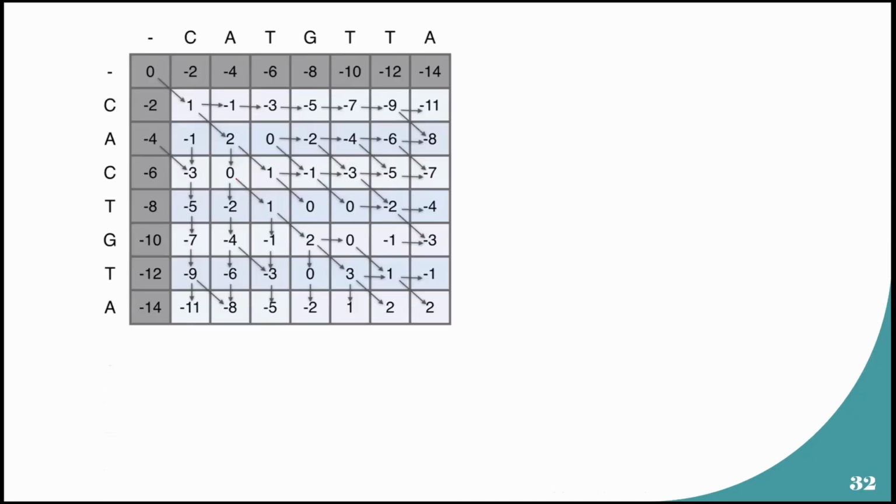Another thing that you have to keep track of is that it's fine, you get the optimum alignment score of 2, but how do you get the particular alignment? For that, you have to backtrack.